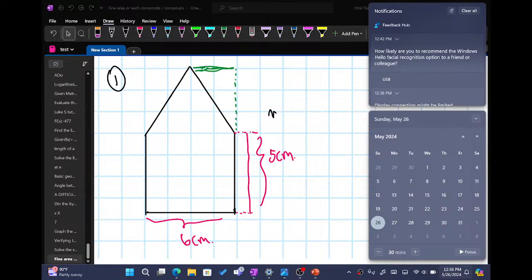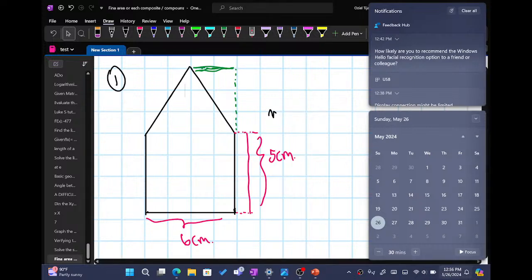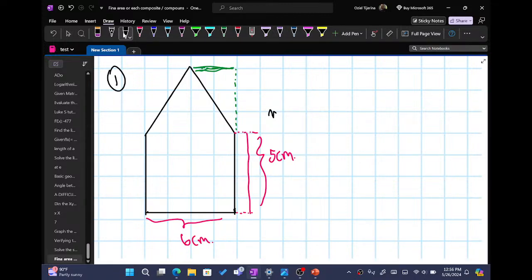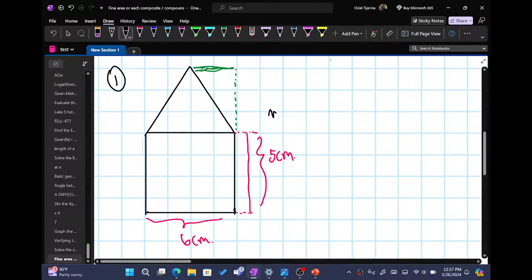So here we're gonna go ahead and find the area. Now, if you look very carefully, guys, this is one part, okay? You can create 2 different shapes out of this, okay?